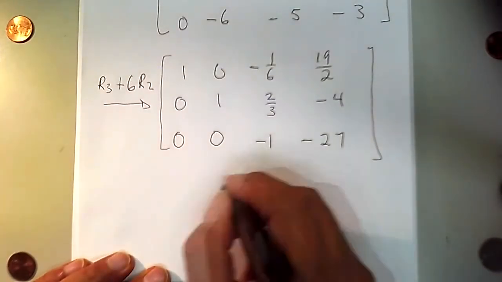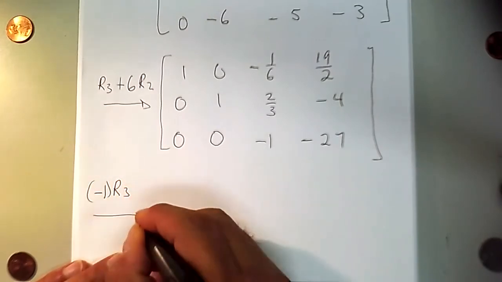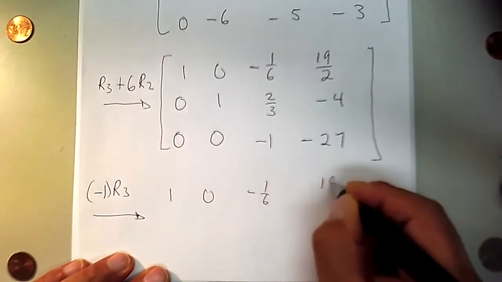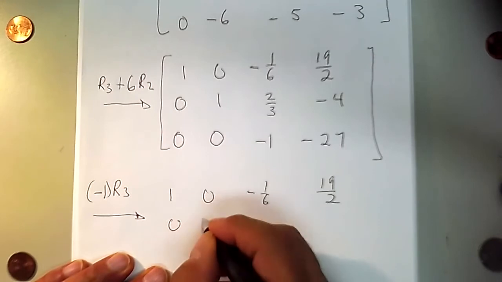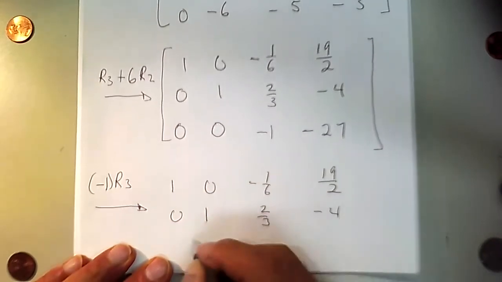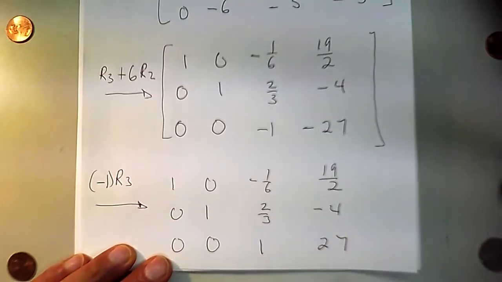So change that into a 1, that's easy. Multiply negative 1 times row 3. 1, 0, negative 1 over 6, 19 over 2, 0, 1, 2/3, negative 4, 0, 0, 1, 27.